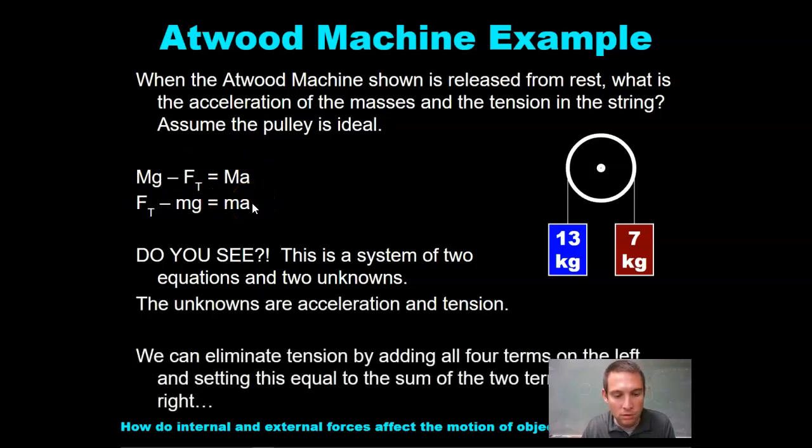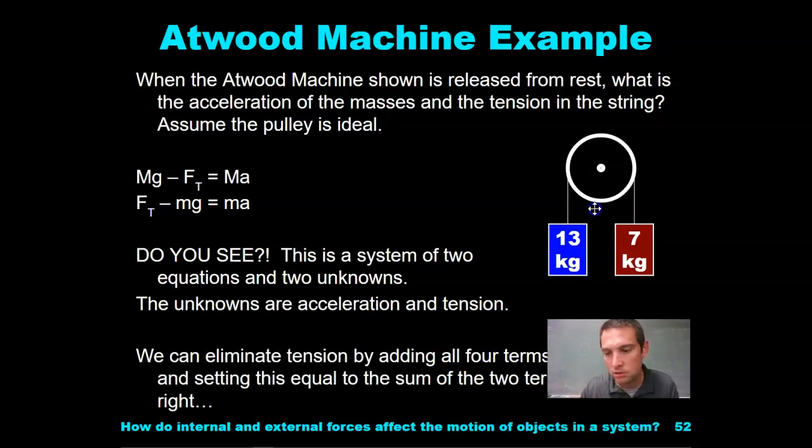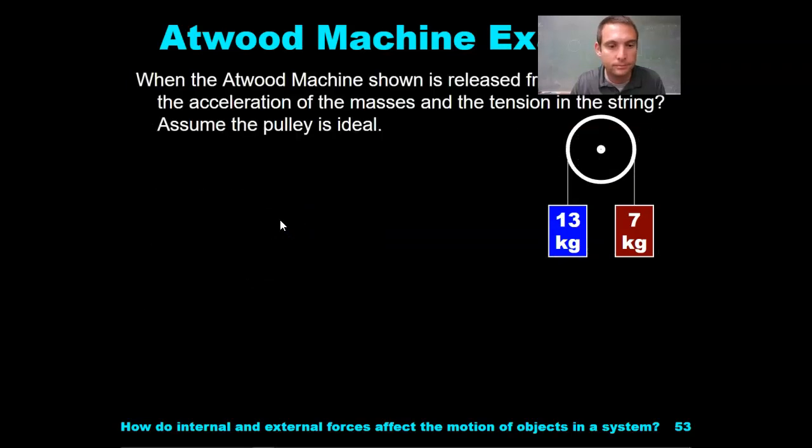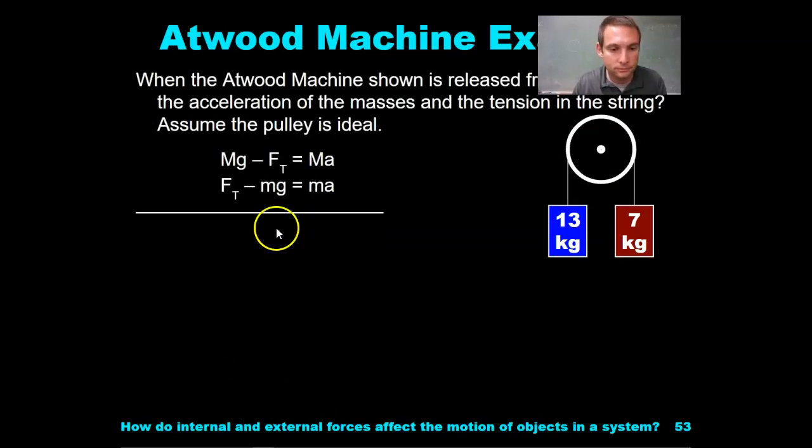So let's eliminate tension by adding all four terms on the left and setting it equal to both terms on the right. You can see tension is positive here, tension is negative there, so tension is going to go away.